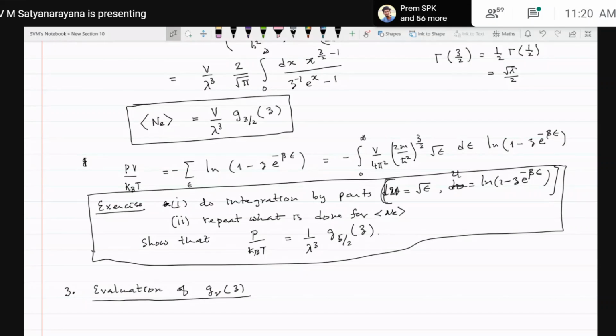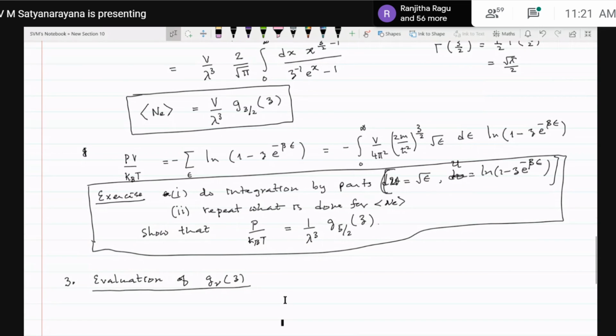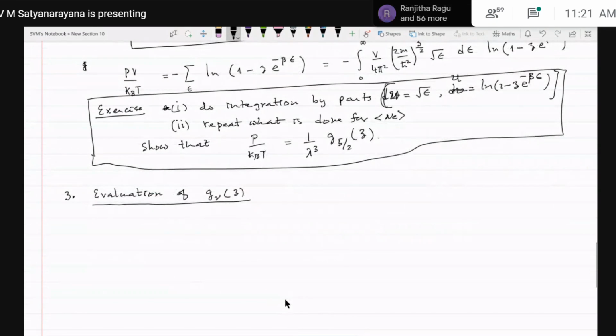Now to evaluate this, remember this is an integral, so we have to actually integrate. The integration is something like this.